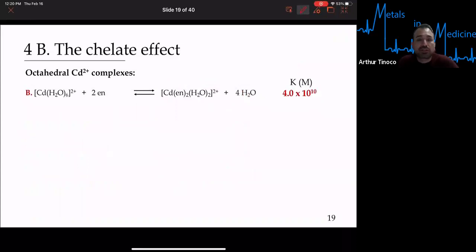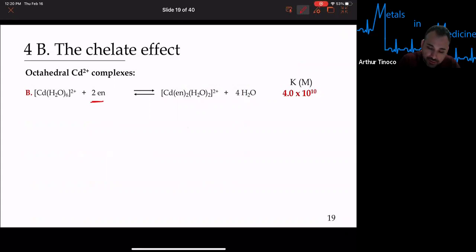Okay. All right, let's look at the next part. So over here in this context, we again have the same cadmium complex with the aqua ligands, but now its interaction with the ethylene diamine, which is this bidentate chelator. As you can see, you require 2 of this ligand in order to displace 4 of the actual aqua ligands.